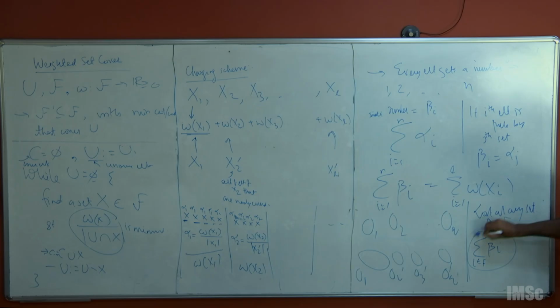How bad is this number? I put up a set and say, look, it contains some set of elements and every element has some number. So if I would have picked this set in my solution, then I would have probably paid these numbers.